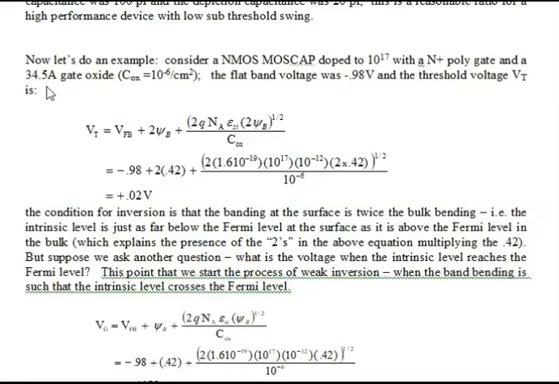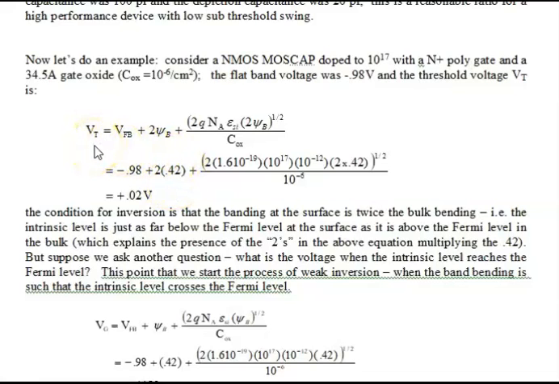So therefore, there are 10 to the 10th angstroms per meter, and there are 10,000 angstroms per micron, a quite remarkable number. So this is about as thin as we can get. We can actually practically even do thinner than that. And let's take a look at threshold voltage for these conditions.